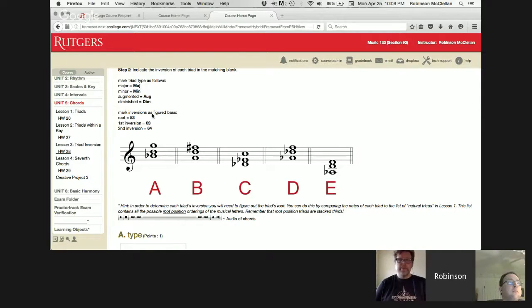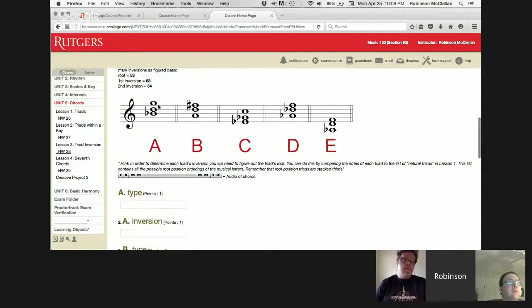What I recommend doing for that is to put the chord into root position in your mind or on a piece of scratch paper. In other words, take the note that's separated by the little gap of a fourth and move it an octave, in this case down, below the other two notes so that it goes into that nice stacked third position.